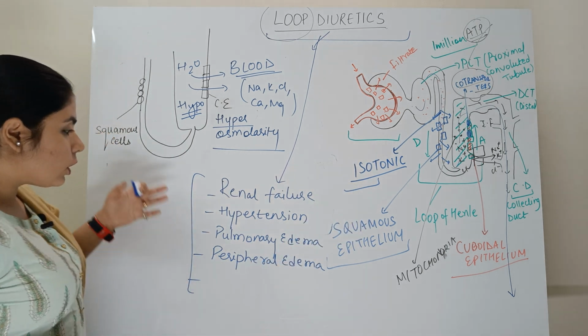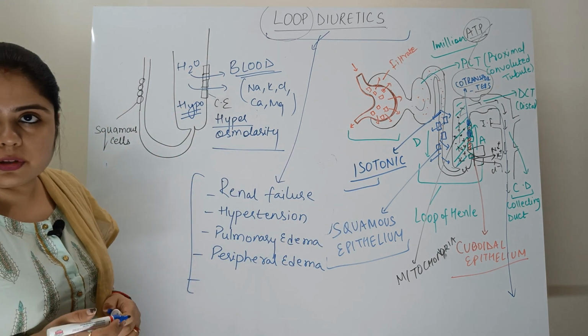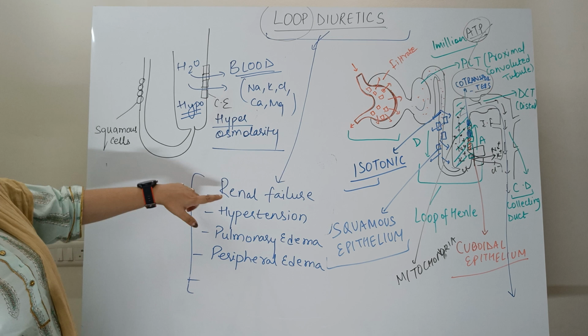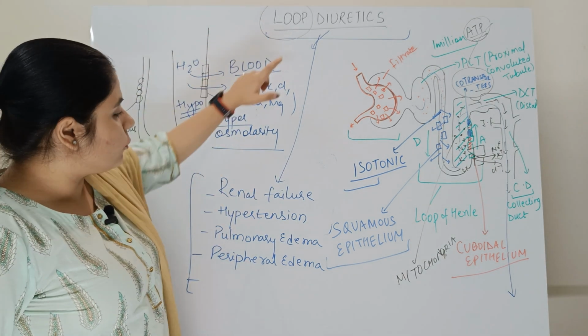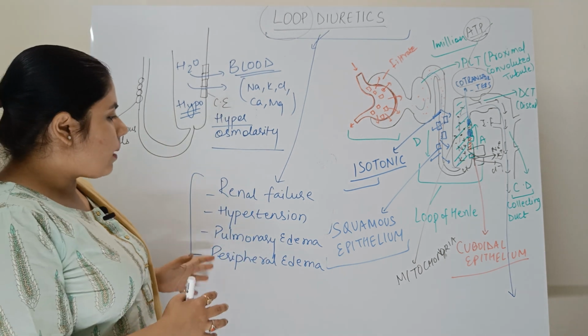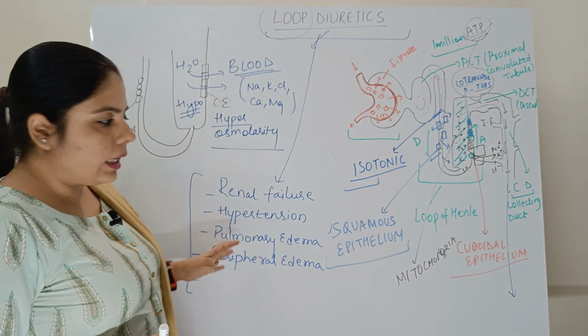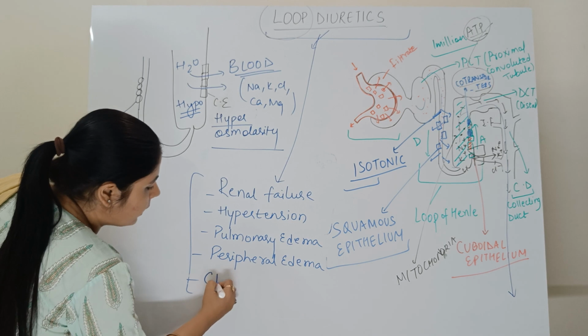Hypertension we already talked about. So these are a few of these conditions, right? In these cases, we require the use of loop diuretics because they are responsible for throwing out the excessive amount of water which is stored in the body, and also in cases of cardiac failure.